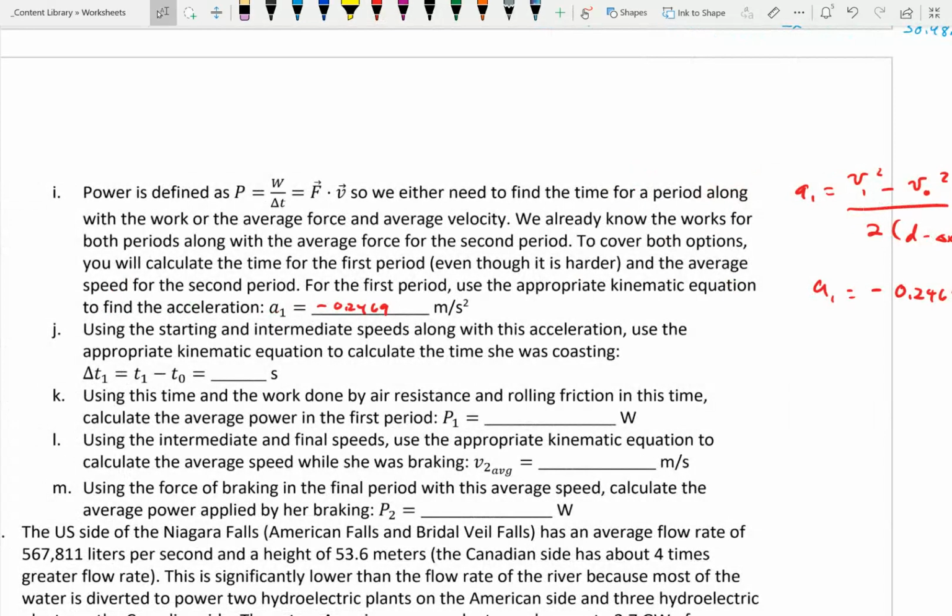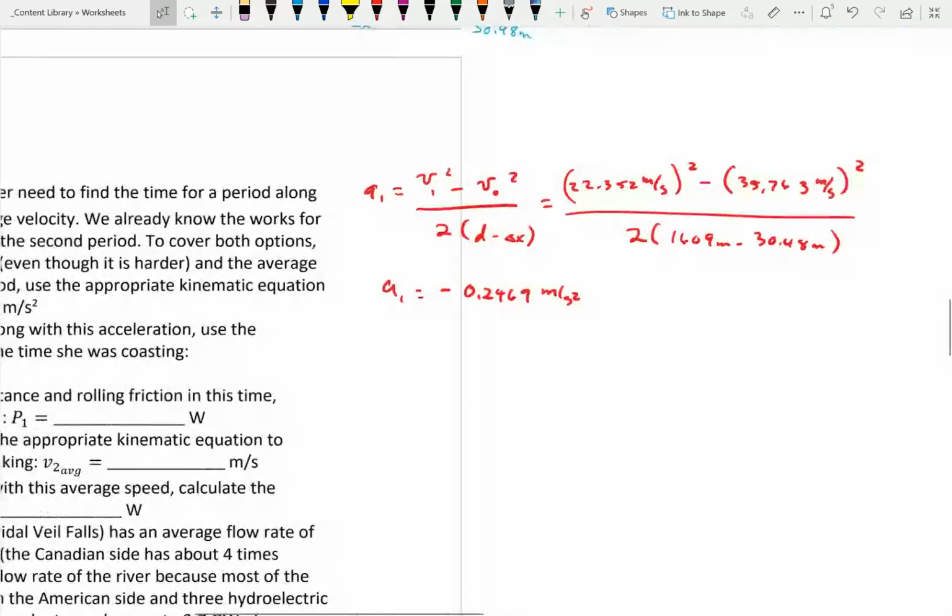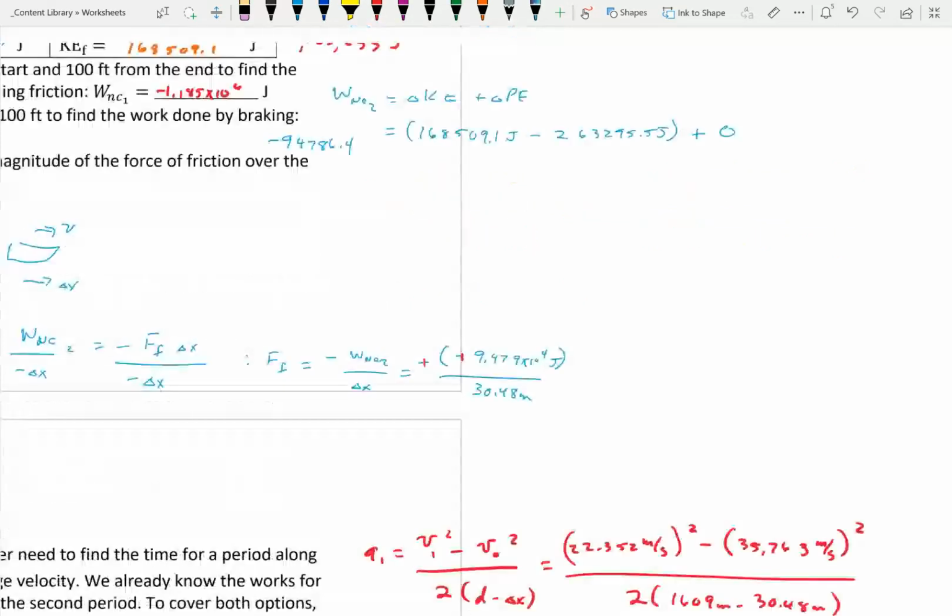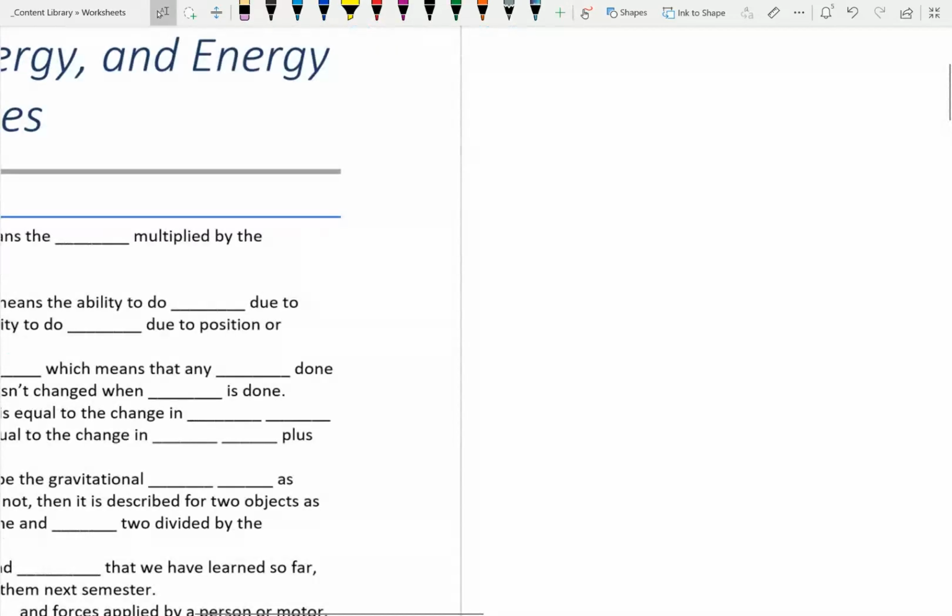Using the starting and intermediate speeds along with this acceleration, use the appropriate kinematic equation to calculate the time she was coasting. So now I'm looking for time. So I'm going to have change in speed, v1 minus v initial.